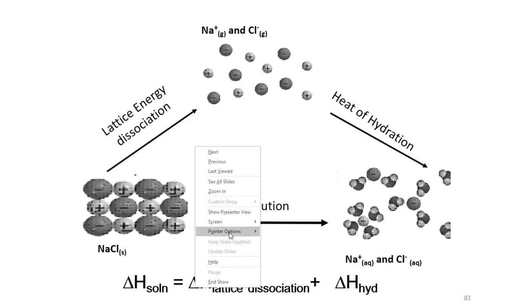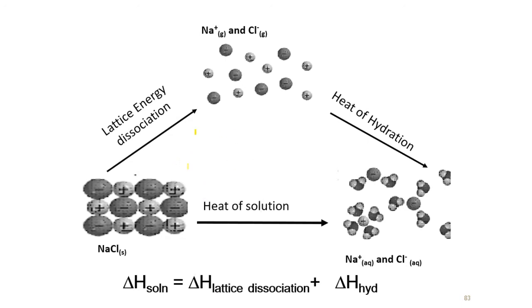If according to Hess's law, you know the destination is over here. If I put this one as A, this one as B, and this one as C, meaning that A plus B equals C. That's why the heat of solution, over here, is C equals A plus B. Okay, this is how the formula comes from.